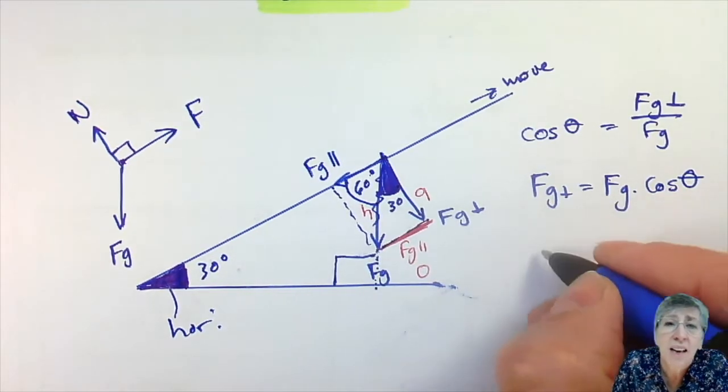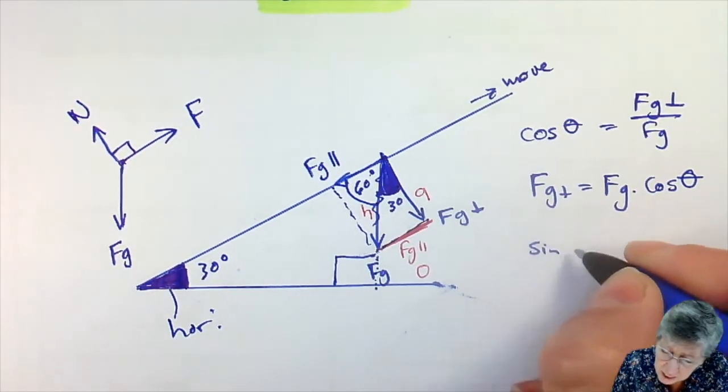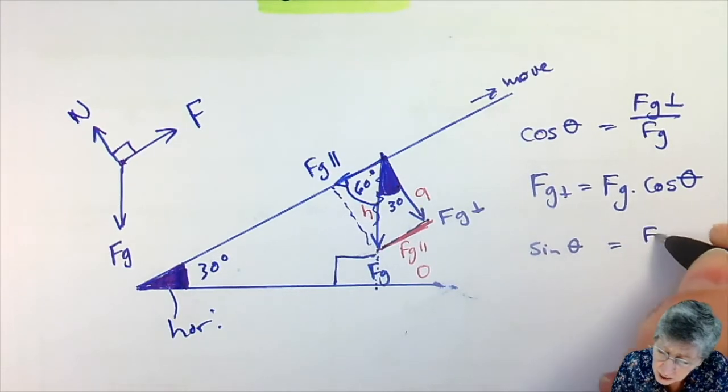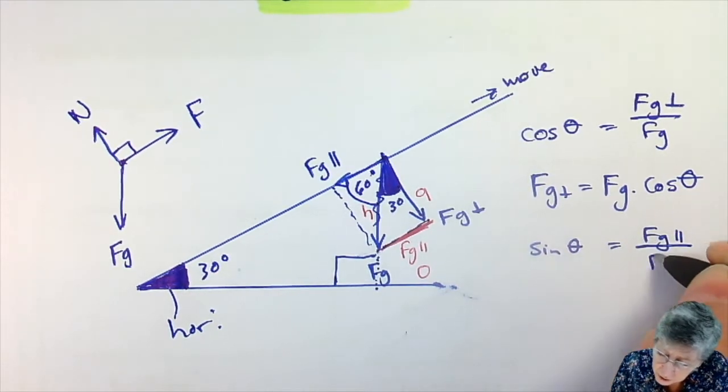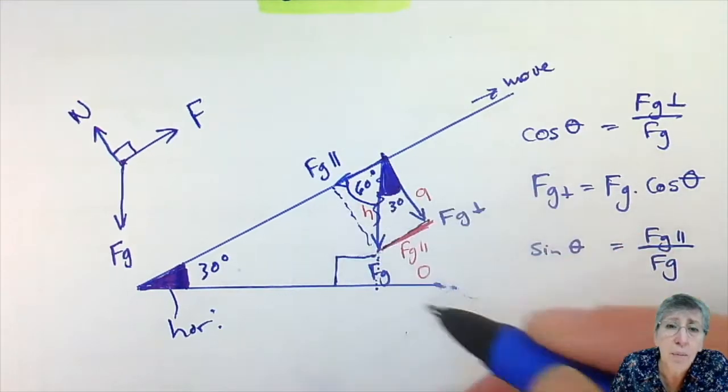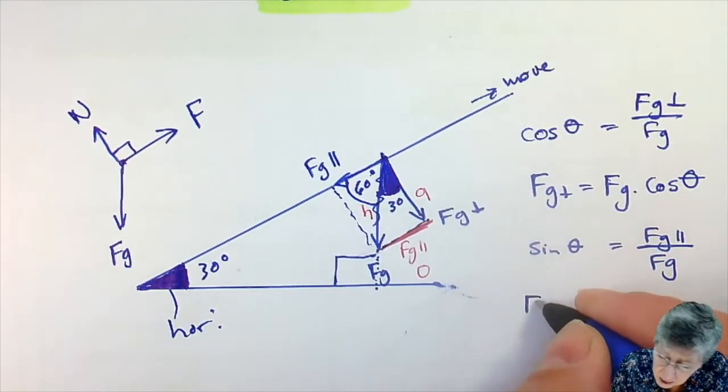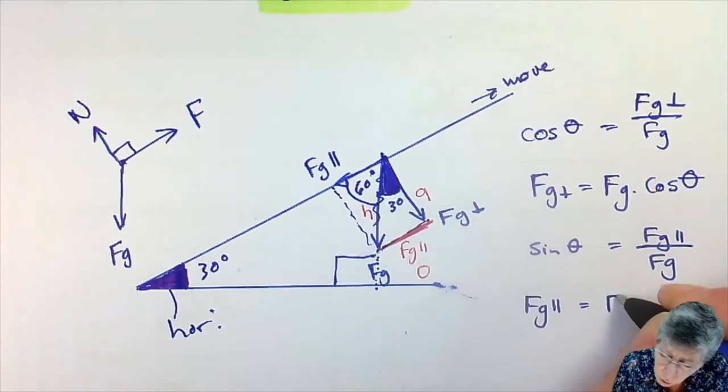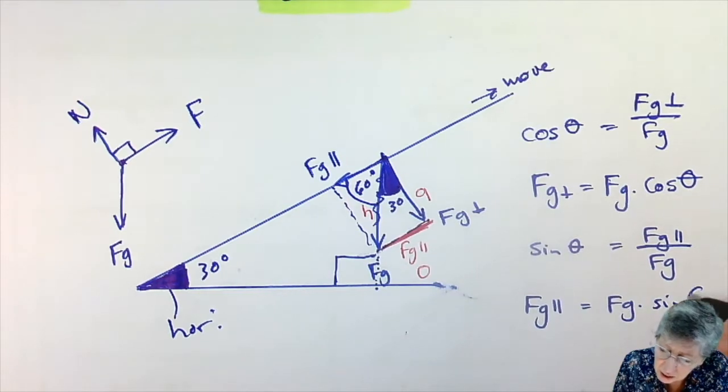And the same way, sine theta will be the parallel one divided by the whole gravity hypotenuse, and then I end up with the parallel one being the whole gravity times sine theta.